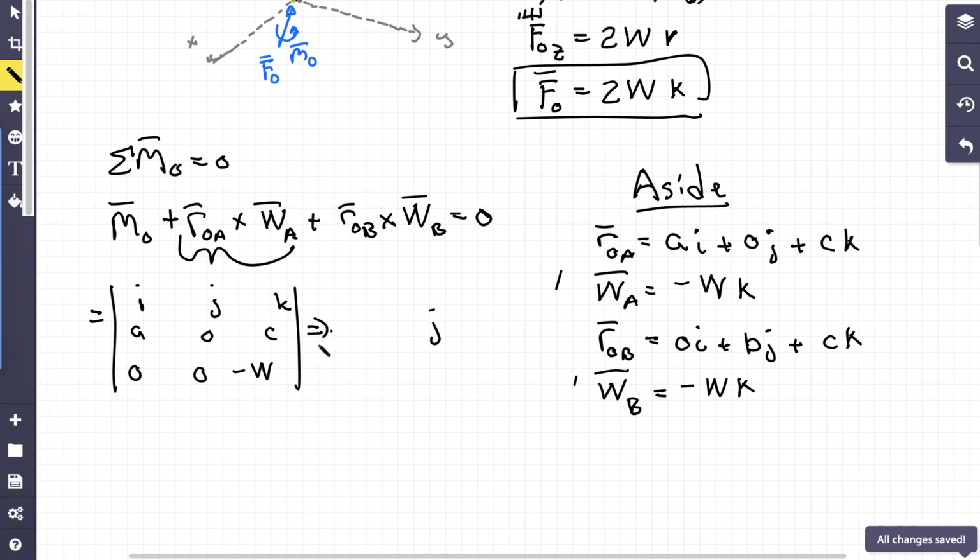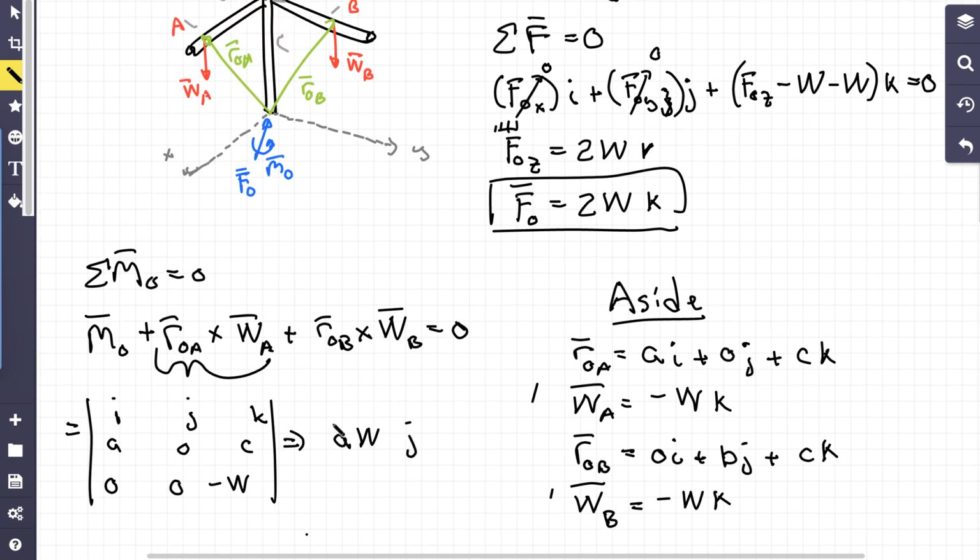I cross k is a negative, so it's a double negative, so we actually have A W j. That is the applied moment caused by this force at A. And if you rotate this and cross, you get this moment about the Y, positive by the right-hand rule.